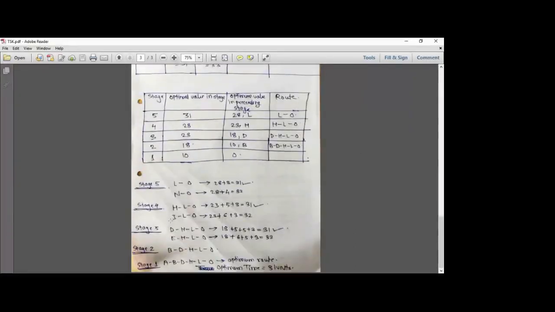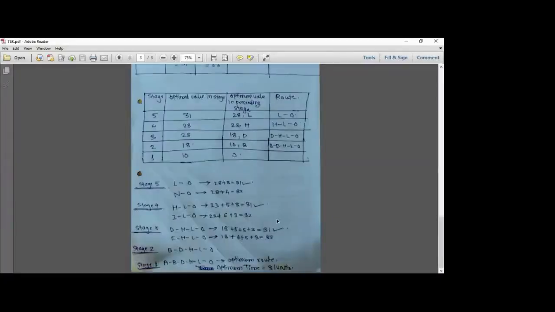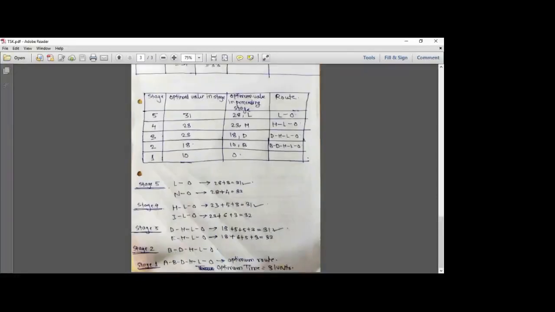The same I have written here. DHLO, if I go to this route, it gives me the value as 31, acceptable. And EHLO gives me the value 32, which is not acceptable. So which node is to be selected? The node D is to be selected, and hence the route now becomes DHLO, right?